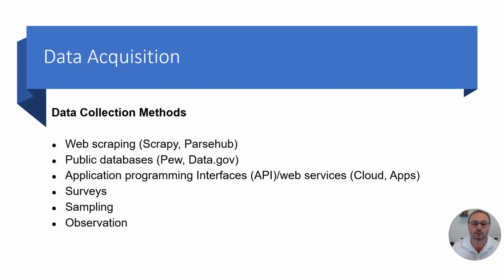So the various data collection methods that are available will likely vary based on the company or entity that you work for. When it comes to web scraping, this is where we use a pull approach where typically we're using a tool. It could be a tool like Scrapy or ParseHub.